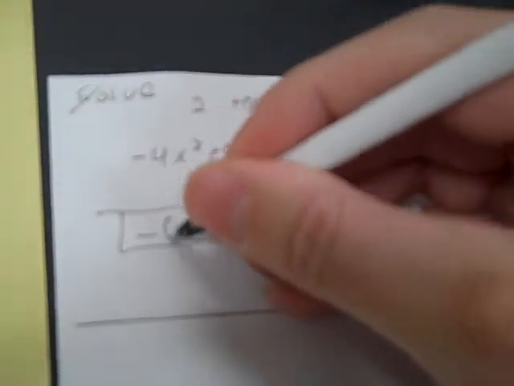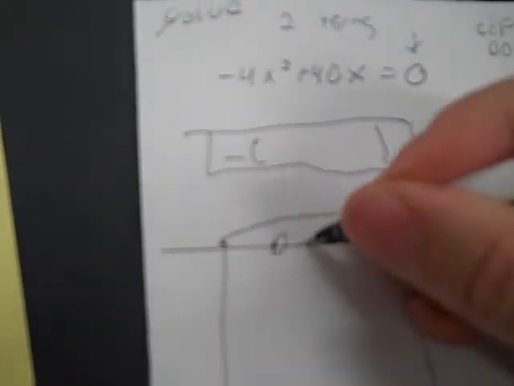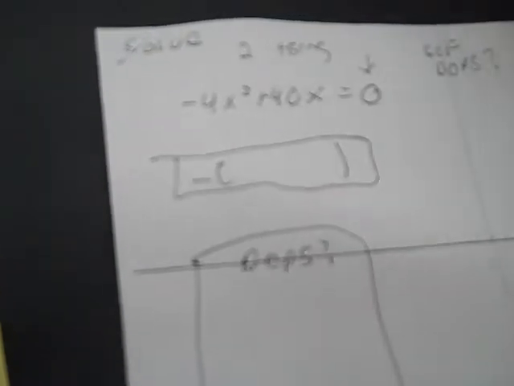So set up my GCF, and then I'm going to see if I have a difference of perfect squares. GCF, well, first off, we have a negative in front, so negative. And then I also have x attached to both terms, so x squared and x, so I need to put an x.